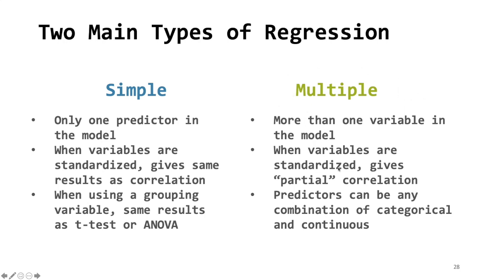But when variables are standardized, it gives you a rough estimate of the partial correlation. Not exact, but very similar. The predictors can be any combination of categorical and continuous, which is great. You can have groups and continuous variables in the same regression analysis.